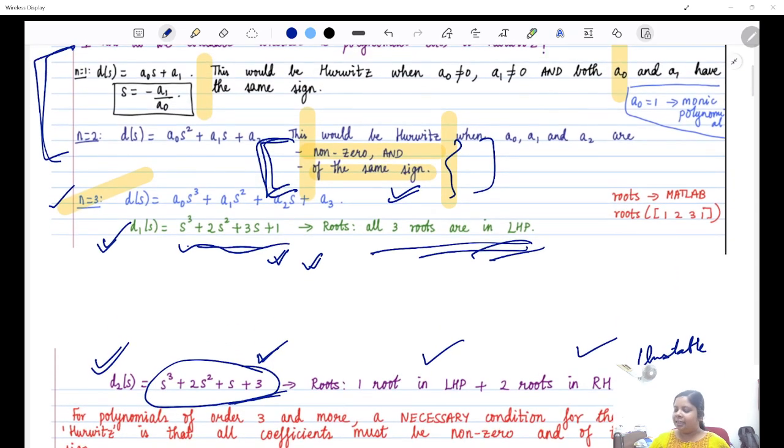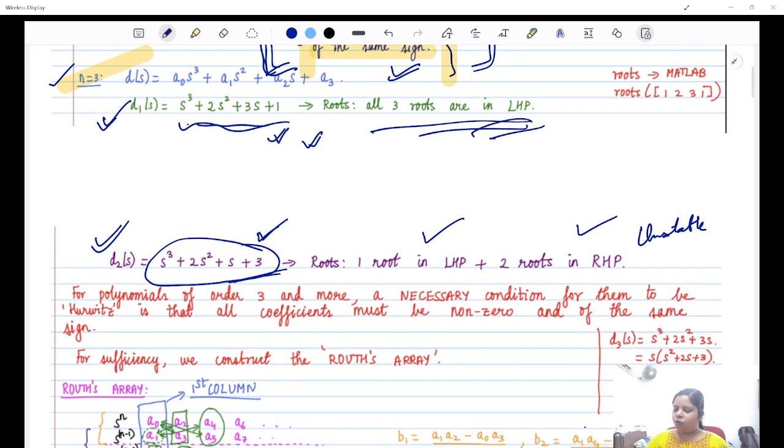That means these two conditions are both necessary and sufficient for first and second order systems, but they are not a complete set of conditions for n greater than or equal to 3. So something else has to come into the picture.